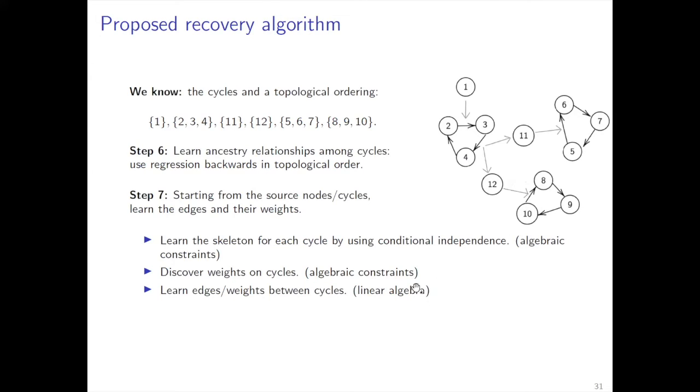And finally, to learn the edges and their weights between the cycles, we do some linear regression. I'm omitting the details, but from the top down, we can learn all of the edges and their weights. So this is the algorithm, and if you want to know the details, I'm happy to share. But the point is that we just use some degree 3 polynomials and some linear regression.